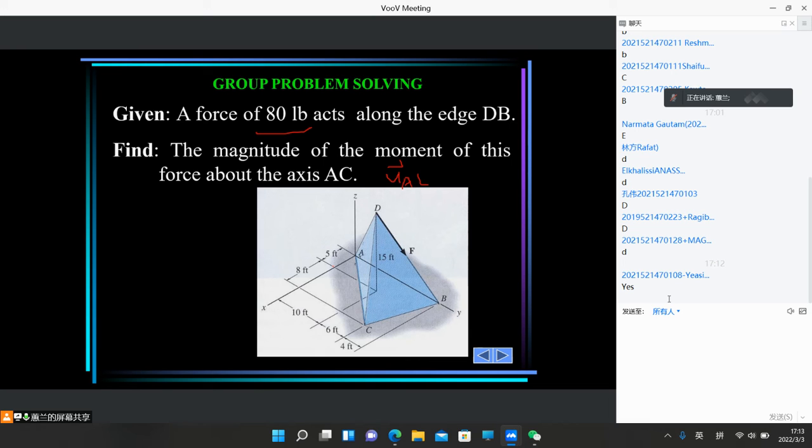Tell me how to find the force F in terms of vector form. How to find it? Anyone can try.